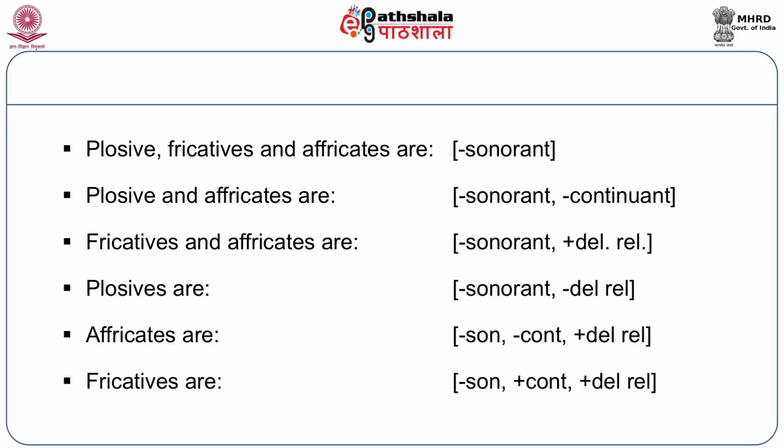Thus, plus minus sonorant, plus minus continuant, plus minus delayed release gives us all the three manners of articulation which are obstruents, between and within them the groups such as plosives and affricates versus fricatives, and each one of them separately can be described with the help of distinctive features.